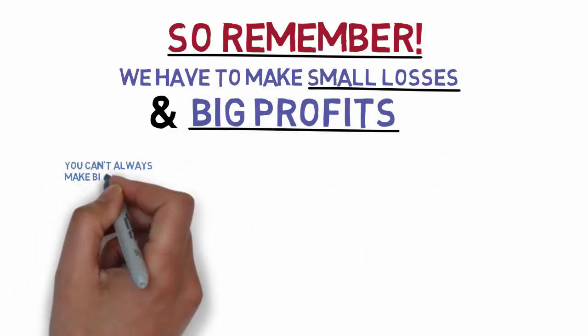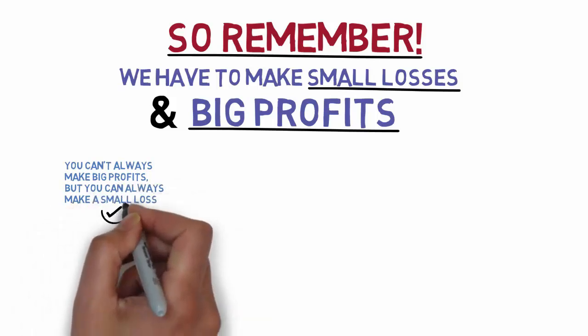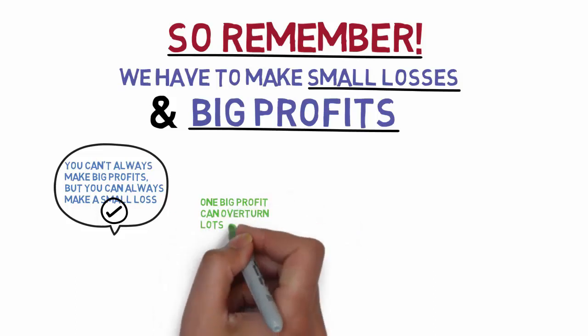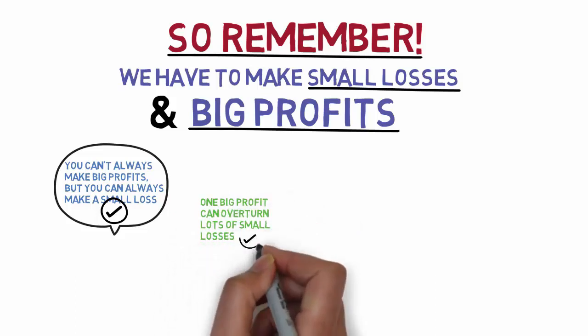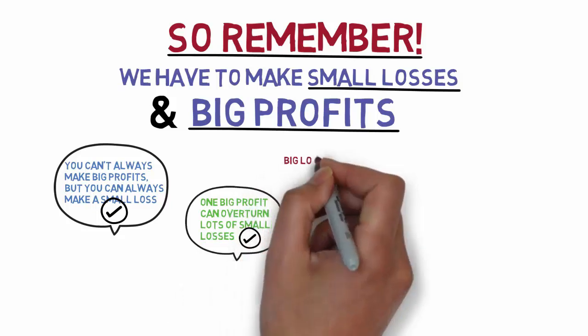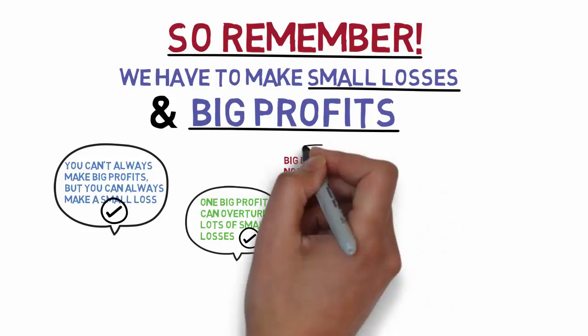You can't always make big profits, but you can always make small losses. One big profit can overturn lots of small losses. Big losses cannot be recouped by small profits.